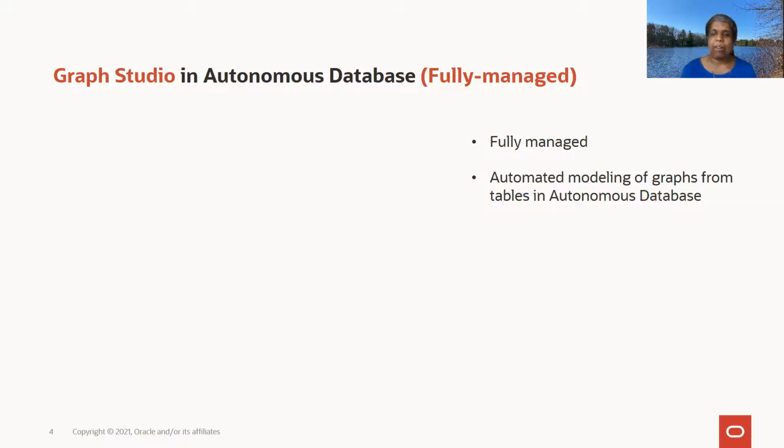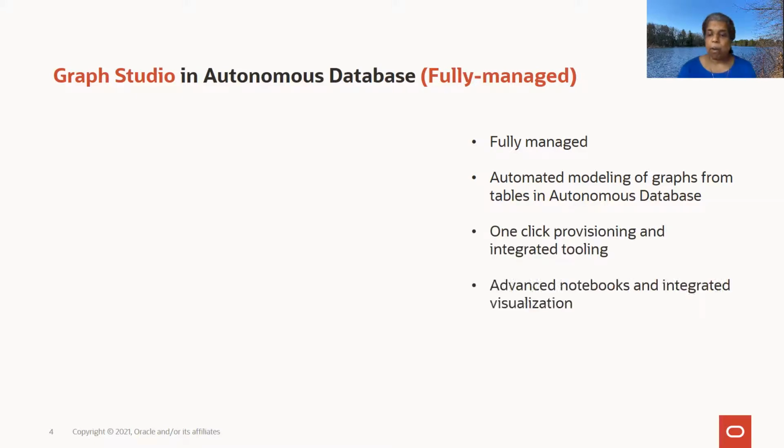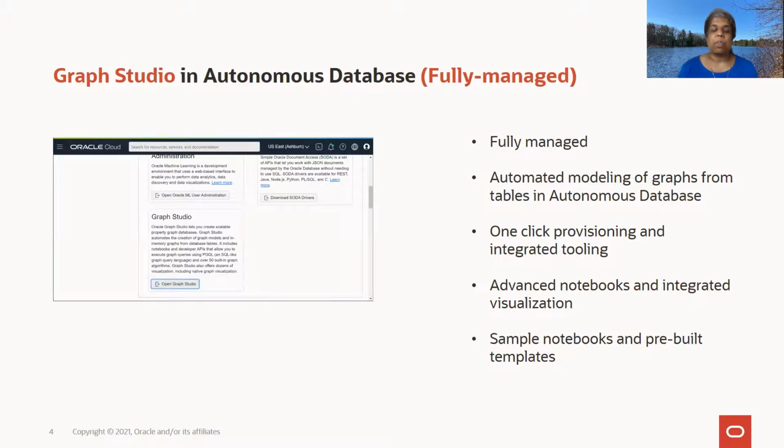You can point and click to select the tables you want included in your graph, and the modeler will look at the primary key information and the foreign key relationships and automatically create a graph for you. It's easy to provision. It includes an advanced notebook UI for running graph queries and graph analytics and integrated visualization. It also includes sample notebooks that you can start working with. So it's really easy to get started working with graphs in autonomous database.